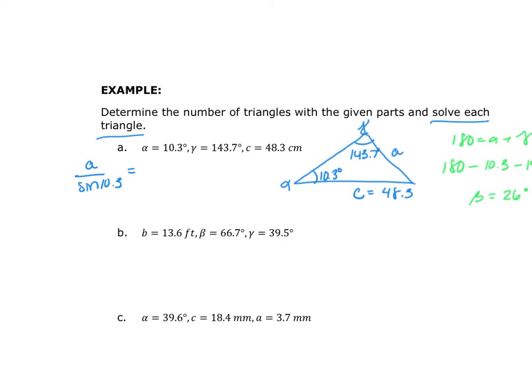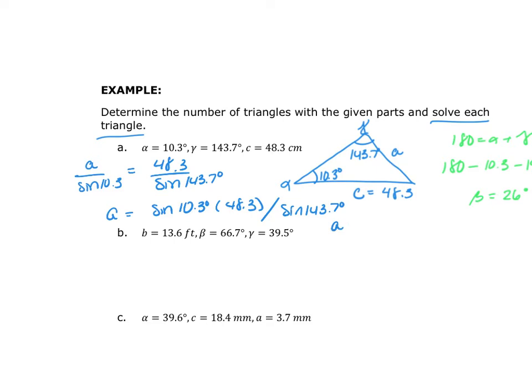my C side, which is 48.3. I'm going to divide by the sine of 143.7. Now I know that A is equal to the sine of 10.3 degrees multiplied by the 48.3 divided by the sine of 143.7 degrees.